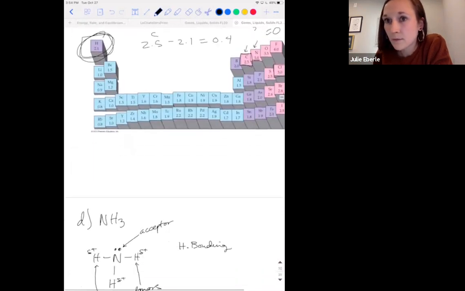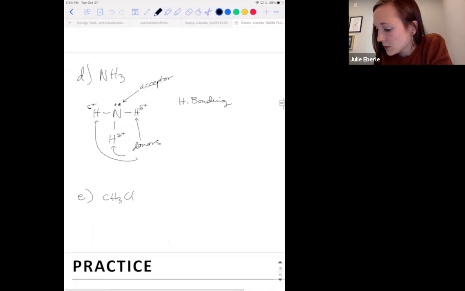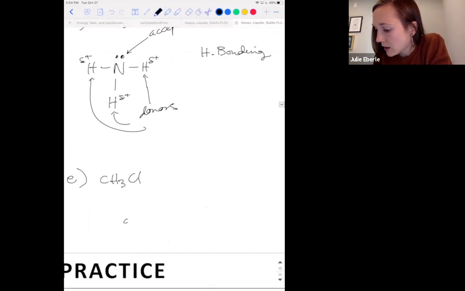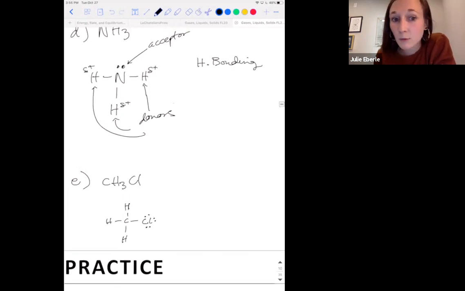Okay, E was CH3Cl. Gotta hurry. So for that you should have a carbon and 3 hydrogens. We know none of these hydrogens are polarized. And then we have a chlorine. So we do not have hydrogen bonding here because we do not have a lone pair on an oxygen, nitrogen, or fluorine, and we have no positively polarized hydrogens. So the next question is, is this molecule polar? Will it experience dipole-dipole? Most people said that it would.